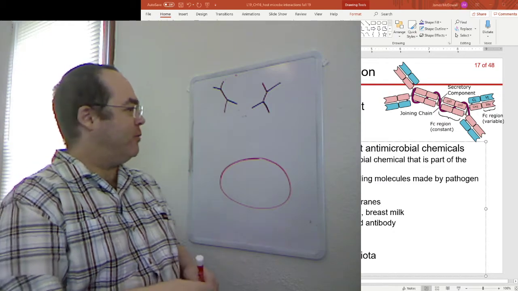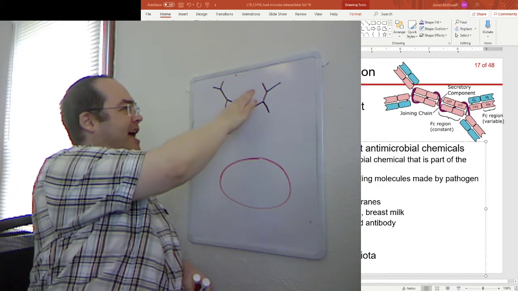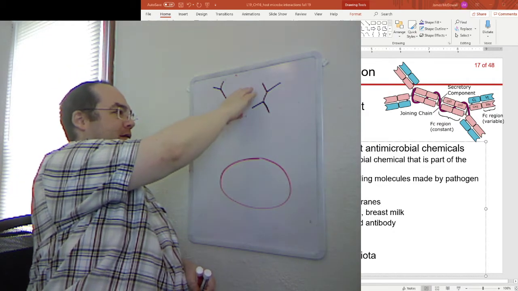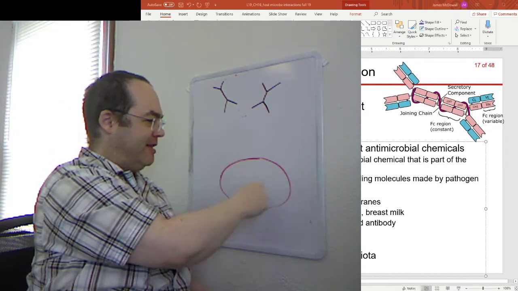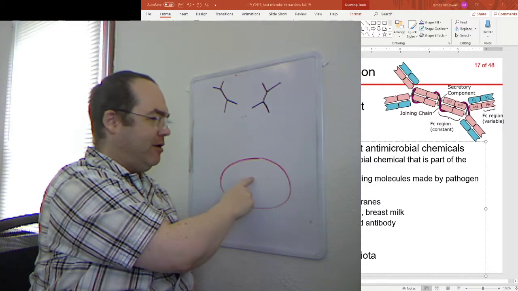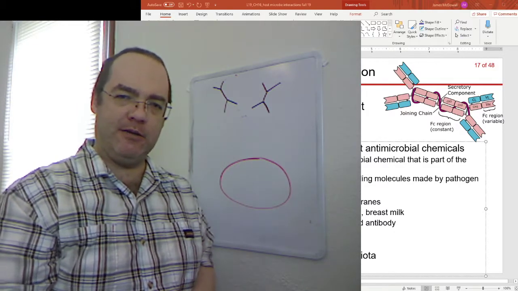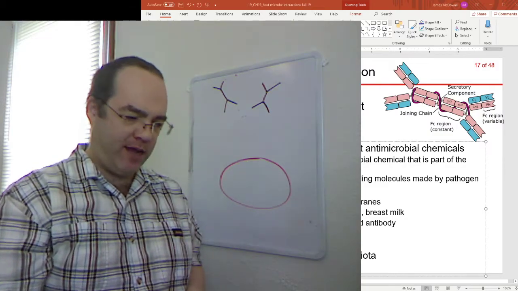Another mechanism is that we have bacteria here. We have our IgA. Our IgA is on its way. It's going to stick. It's going to identify this bacteria as being a danger, and then the immune system is going to take care of that danger in some way.